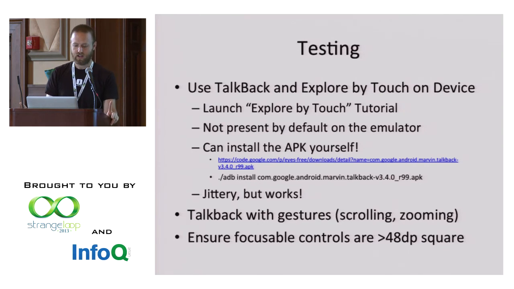So as for testing, what you want to use is TalkBack and Explore by Touch on the device. This is just going to give you a realistic view of what the user is going to go through. On iOS, you actually have a really neat feature called the screen curtain, and essentially that blacks out the screen and forces you to interact with the app just like a user with visual impairment would.